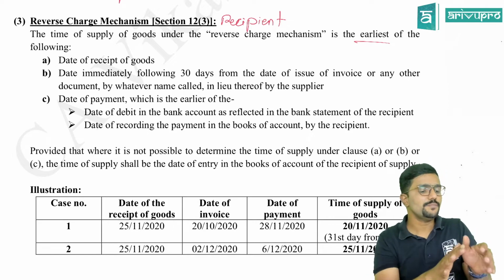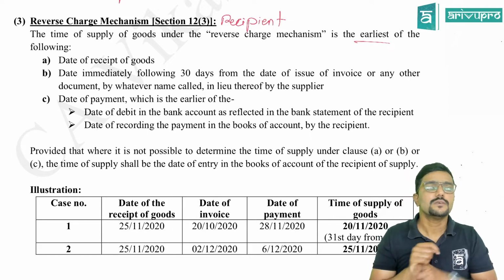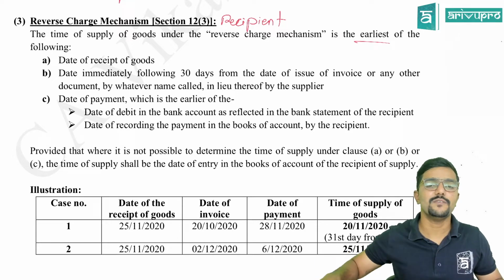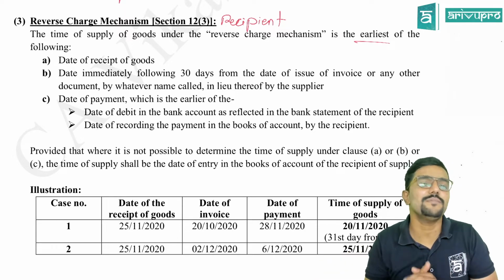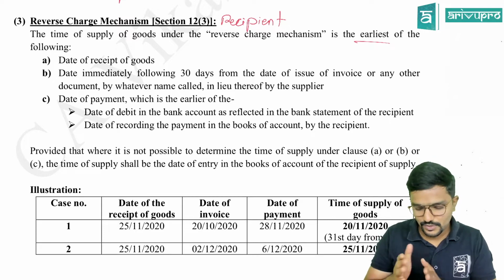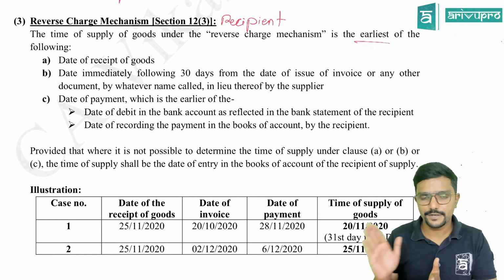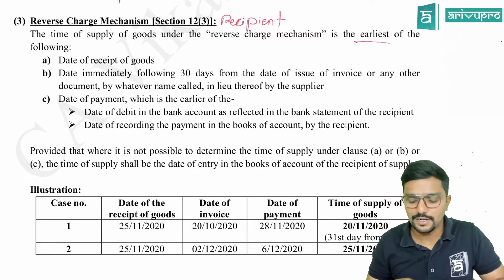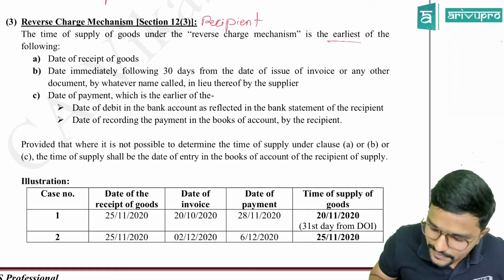Very important. Who will issue the invoice? Supplier. But for the recipient, they are not telling the date of invoice because there should be some time given for him to pay tax. So they are telling, don't take date of invoice, take 30 days immediately following the invoice date. In simple, they are asking you to take 31st day.